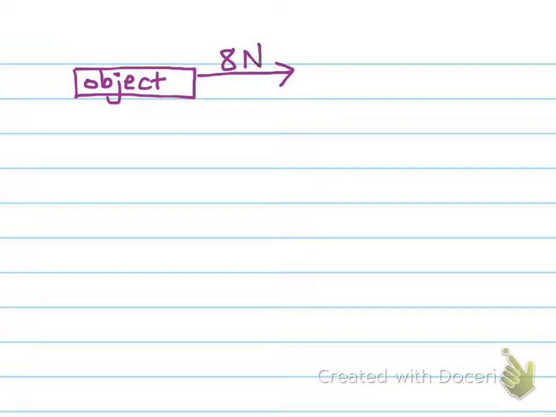Here's another object, and one of the nice things about the notes being video is that if you need a little more time to write, you can always pause. Here's my object. I have an 8 newton force acting to the right, and a 3 newton force acting to the left. Now my net force isn't going to be the same.